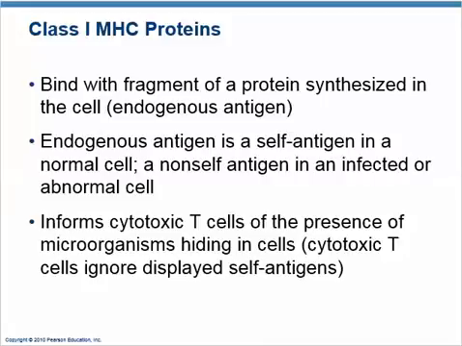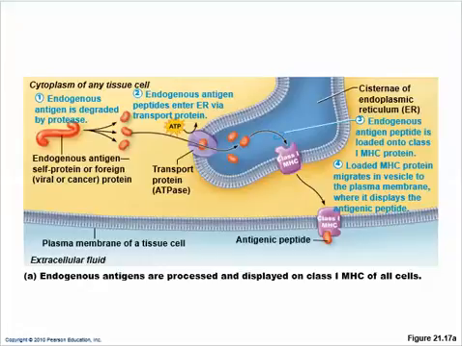So what happens in the class 1 is antigens that are made within the cell are migrated out to the outside and become part of the kind of flag, as it were. And it can get complicated, but we're not that worried about it. Basically, the antigens end up in the cell and get incorporated into the cell membrane. And we'll just leave it at that.